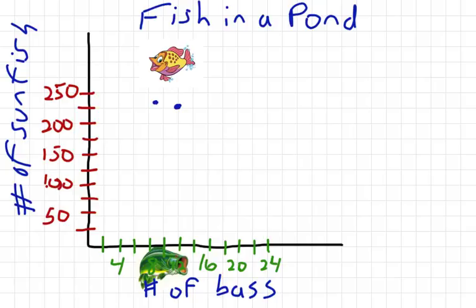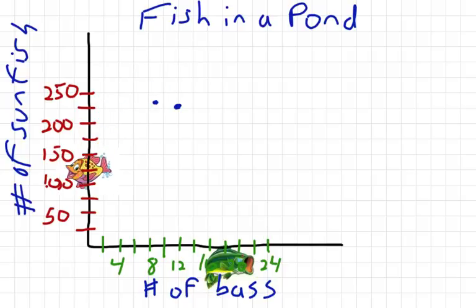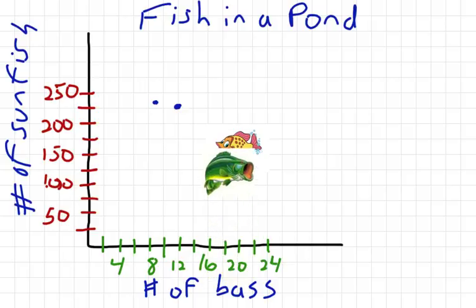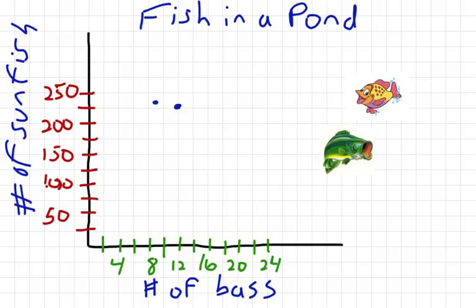Alright, graph the next one with me. 18 bass. So 18's halfway between 16 and 20, so that hash mark. And then 165, that would be lower than the 175, so somewhere there is where they match up. I'm going to put a dot there to represent that.